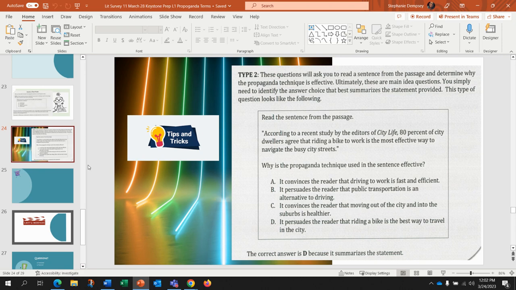A, it convinces the reader that driving to work is fast and efficient. B, it persuades the reader that public transportation is an alternative to driving. C, it convinces the reader that moving out of a city and into the suburbs is healthier. Or D, it persuades the reader that riding a bike is the best way to travel in the city. The correct answer is D because it summarizes the statement. So remember, when in doubt, always go back to main idea, something that's going to summarize the statement provided.